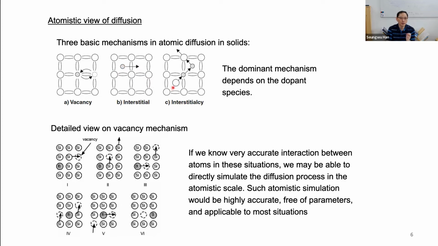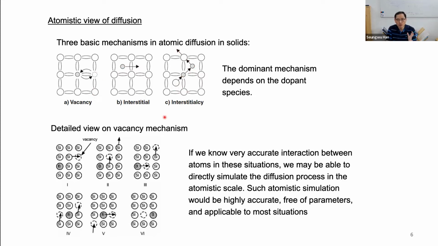And in the interstitial kick-out mechanism, the interstitial atom pushes an atom at a lattice site and kicks it out, and this lattice atom becomes interstitial. Such a process is continuous, and it results in the diffusion of atoms.